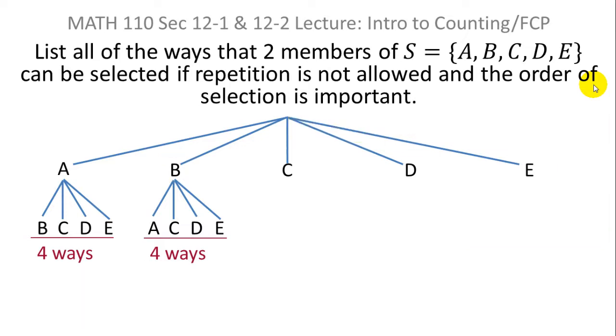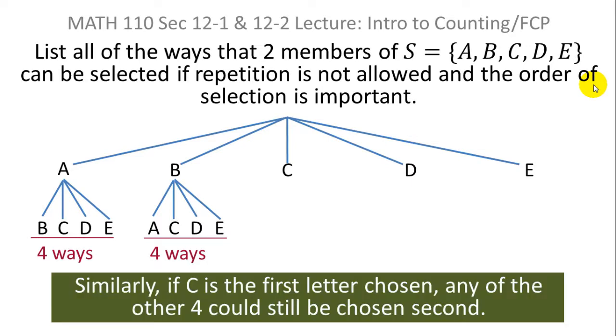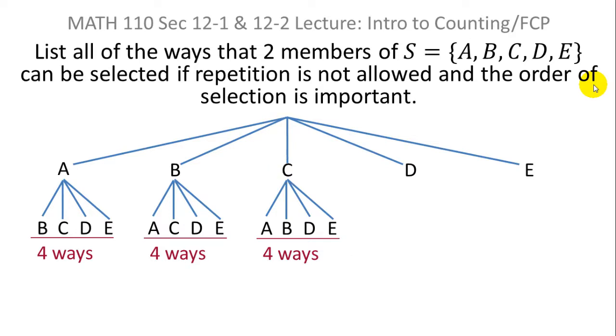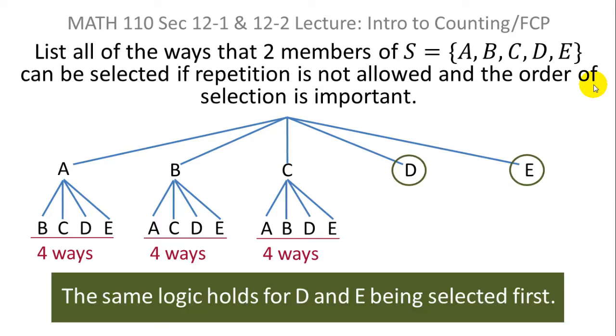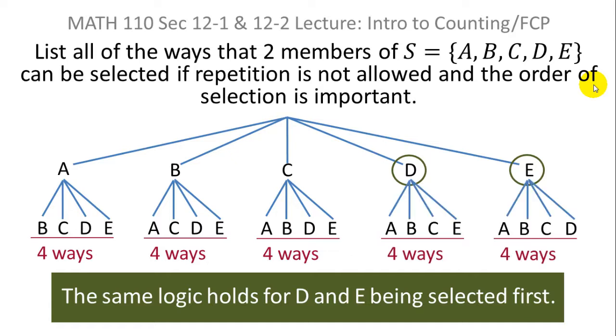Now move to C. Again, I have to leave the C out, but since I can reorder and get a different selection, that's the only thing that has to be left out. And by the time you get this far, you can see that the same pattern is going to hold for D and E. Going down the D branch, I have to leave D out, and going down the E branch, I have to leave E out, but there's still 4 ways.